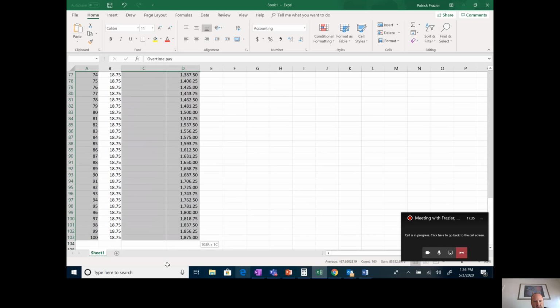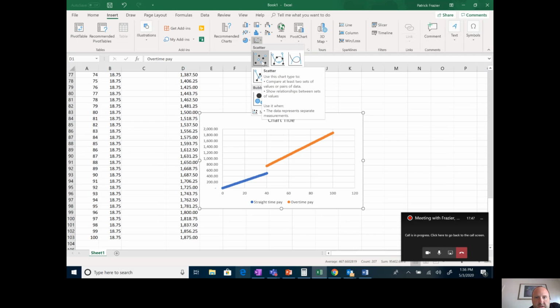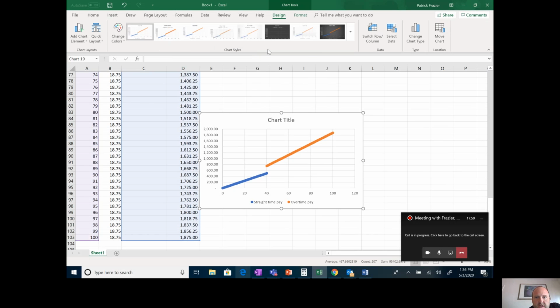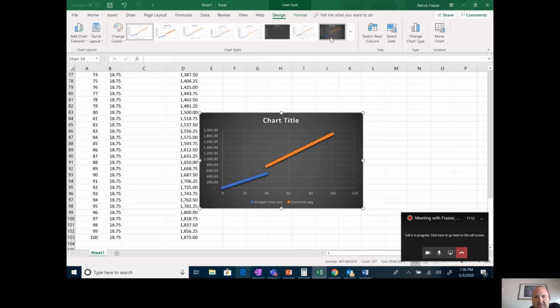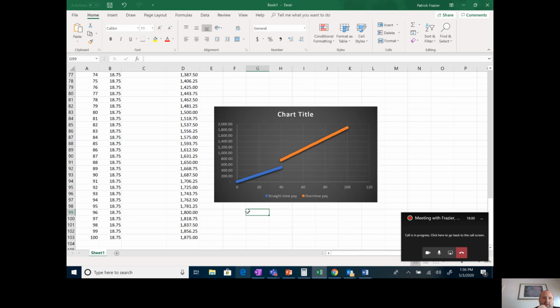And if you graph it, you'll have two different functions. And then I'm going to go to insert. And then I find this the most aesthetically pleasing here. Okay. So I like that graph. It's pretty. It's just not accurate because the table that it's based off of is not accurate.